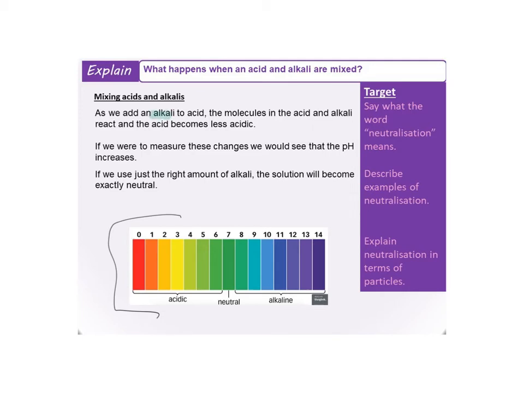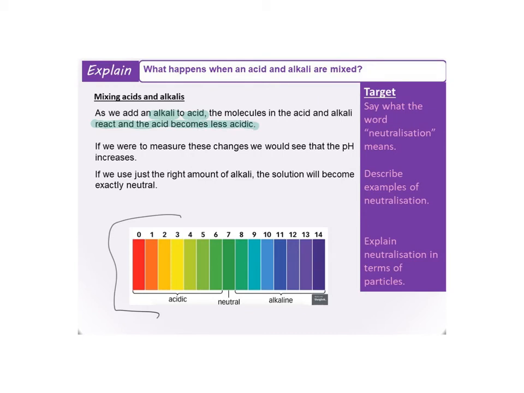As we add an alkali to an acid, and remember that what we mean by an alkali is the OH-, the hydroxide, and the acid is those H+ particles, the molecules in the acid and the alkali react, and that will become less acidic.